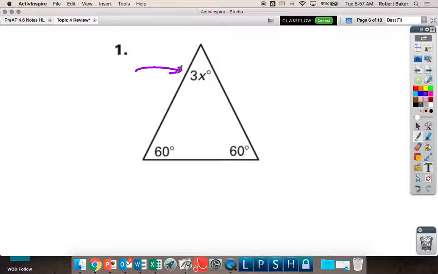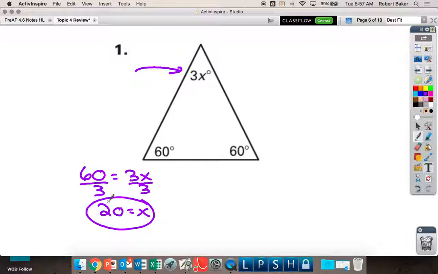That angle is 60. So by using the definition of an equiangular triangle, you can say 60 and 3x are equivalent. Then you can divide both sides by 3, and x equals 20.